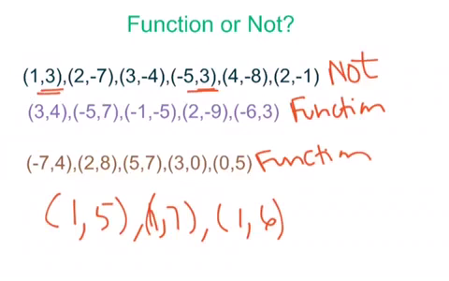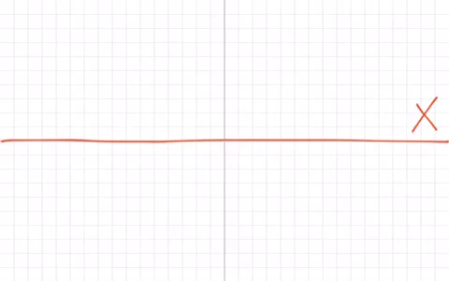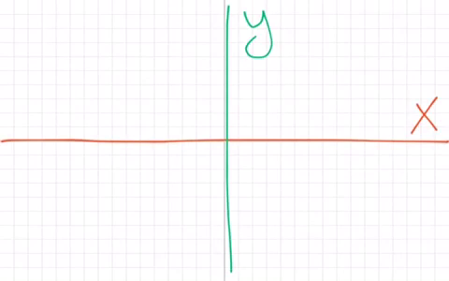Okay? Alrighty, so this is where we're leading to next, the coordinate graph. So this is where we would apply the function rule, a function table, the domain, the range. So if you recall, this horizontal line is your x-axis, and your vertical line here is your y-axis.